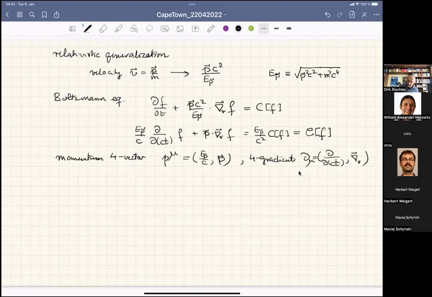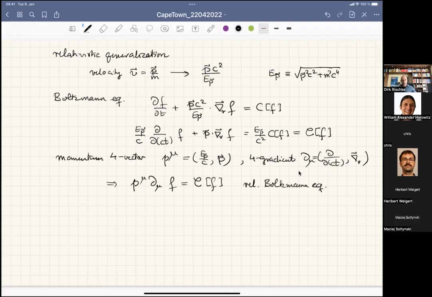Then you put everything together and you see the first two terms in this Boltzmann equation actually become the scalar product of the four-momentum with the four-gradient acting on f. Okay, and that's the relativistic Boltzmann equation. And that's it. That's the equation we will use profusely next week.